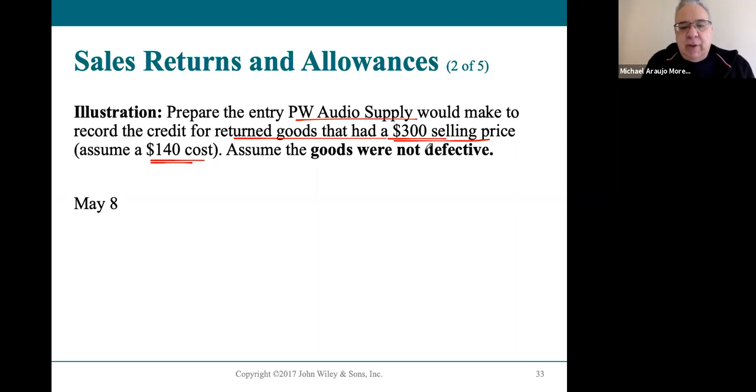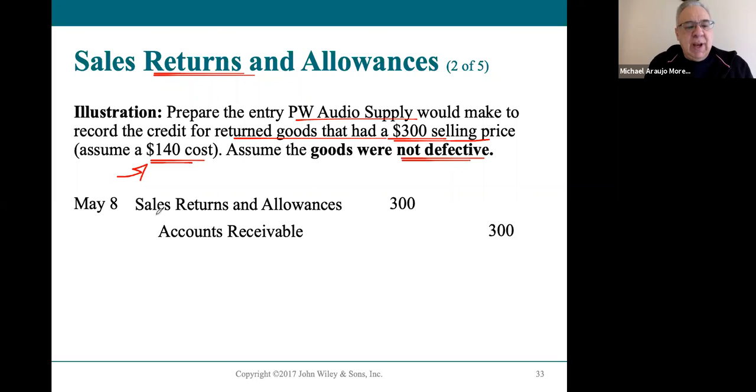It's important to know that if you get a return and the item is not defective, you can sell it to another buyer. It's not illegal to do that. So in this case, the good is not defective, and so they can sell it to somebody else, which means they're going to put the good back into their inventory.